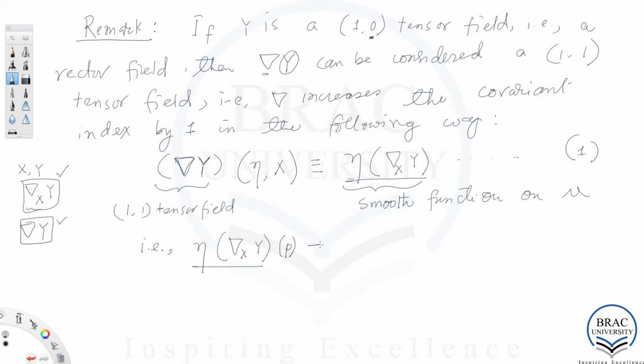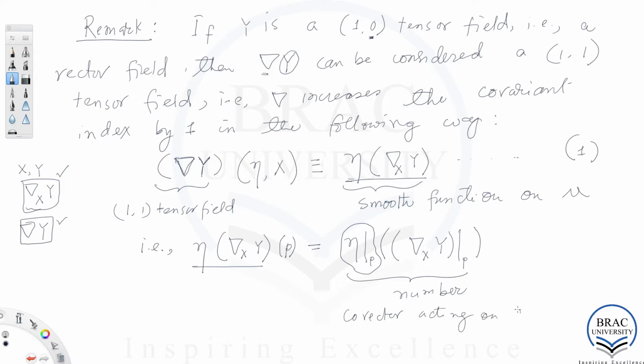And that is given by eta at P, from the definition of the tensor field on a manifold, eta restricted to P acting on this vector field restricted to P. This is a number, because this is a covector, since we have restricted the one form to a certain point of the manifold to get a covector, acting on a tangent vector.